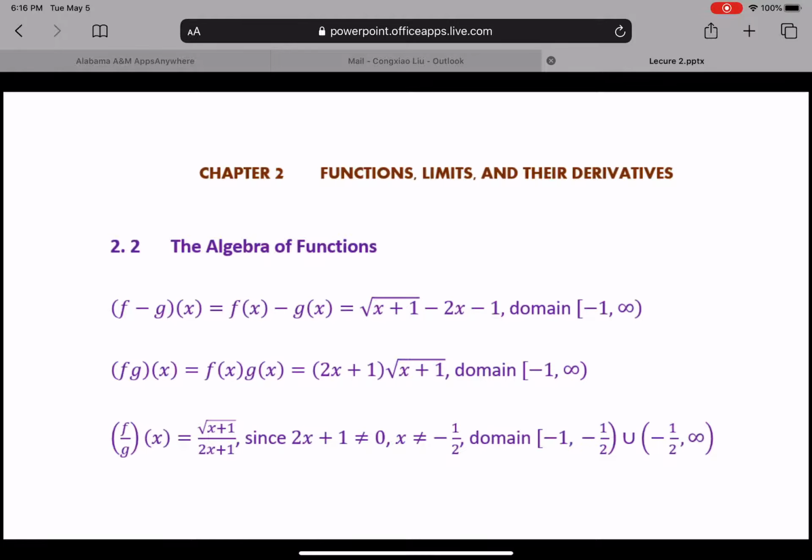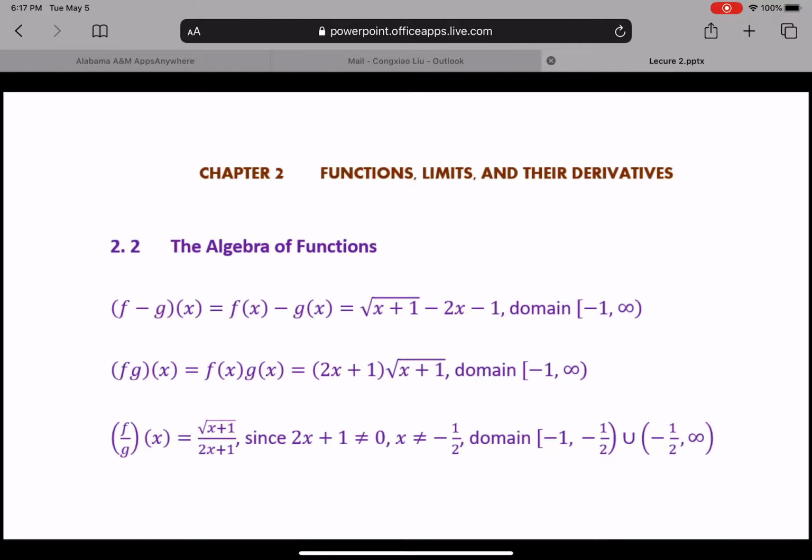Now, how about division of two functions? If we divide f by g, we're going to get the square root of x plus 1 over 2x plus 1. Now we get a rational function, with 2x plus 1 in the denominator. We have to note that this denominator cannot be 0.